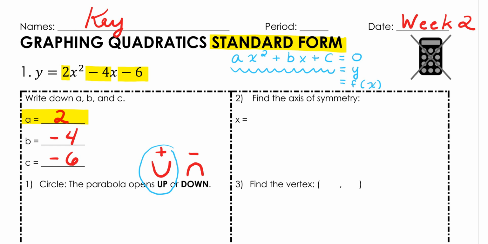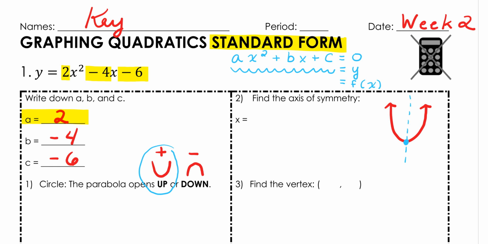Step 2, find the axis of symmetry. Now to refresh what the axis of symmetry is, since we know our parabola looks like a U, our axis of symmetry is an invisible line that cuts our parabola in half, and it passes through the vertex of our parabola.